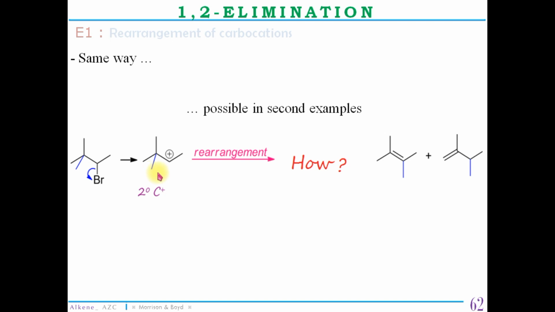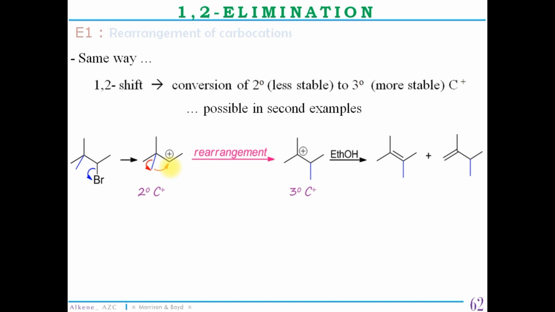As in the previous example we have seen a 1-2 shift. Here also there is shifting of positive charge from this carbon to here, giving a tertiary carbocation which is more stable than the secondary carbocation, and this rearrangement is due to a 1-2 methyl shift, converting a secondary to a tertiary carbocation.